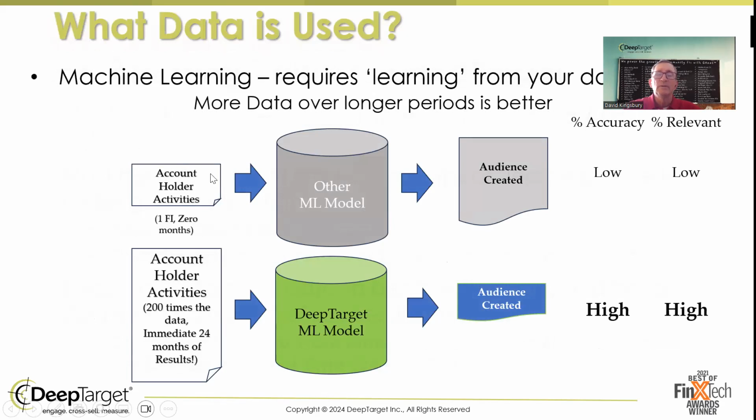Your account holder activities for the other models are very simplified, if you will, and not highly accurate, certainly at the beginning. And the audience created has low accuracy and low relevancy over time.